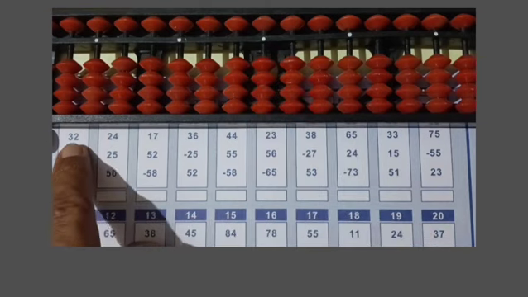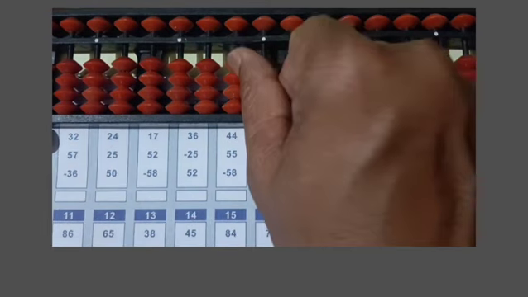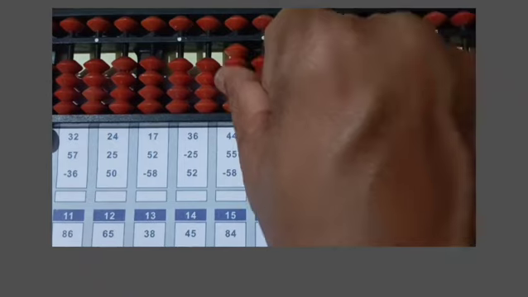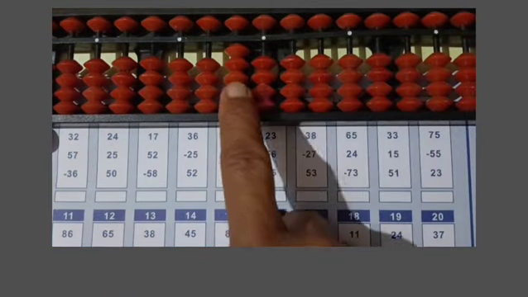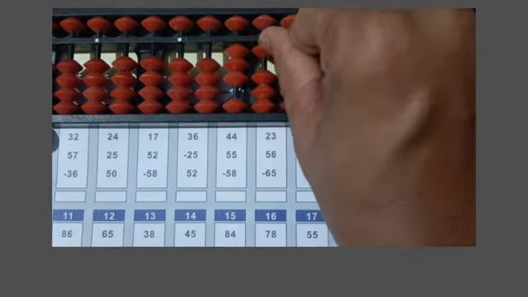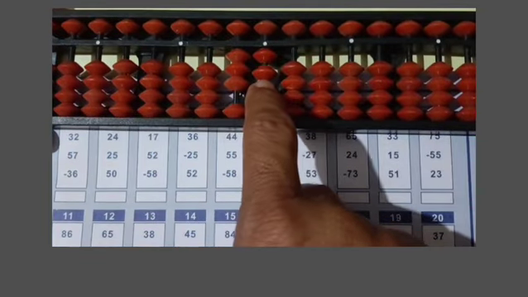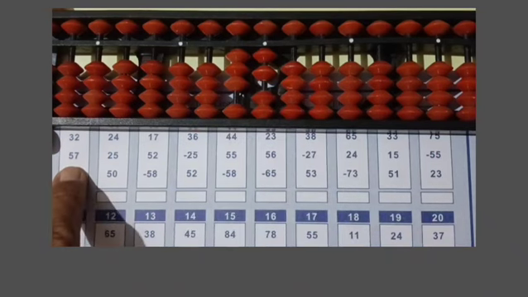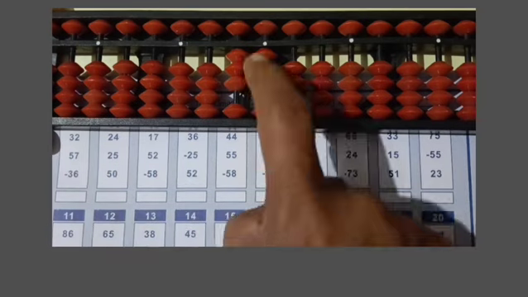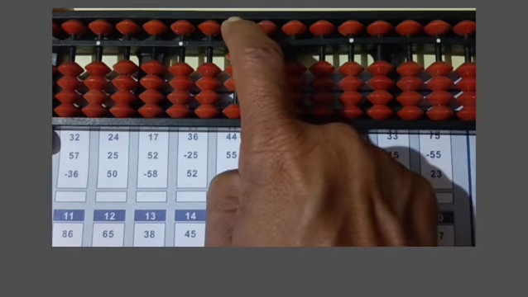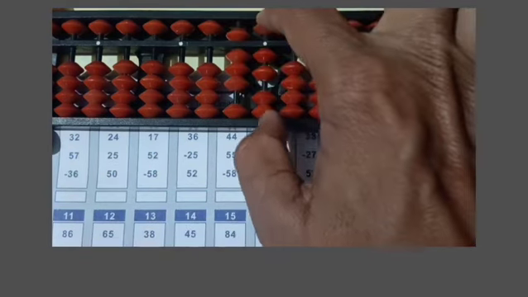Then 32 means here this is tens place, 10, 20, 30. Okay, and then 2, 1, 2. Now this is 32. Then add means we have to add 57. 57 means here it is 5 and 7.